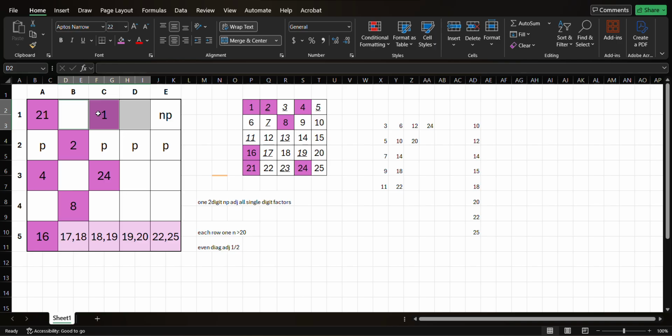Now, we also know that in these two spots, we can't have any number that's in this bottom row, 22, 23, 25. So we can get rid of those. They can't be in there. And we need it not to be a multiple of 4, because that's not going to be adjacent. So any that are a multiple of 4, like 12, can go, 20 can go.